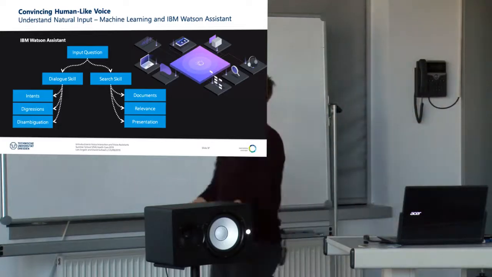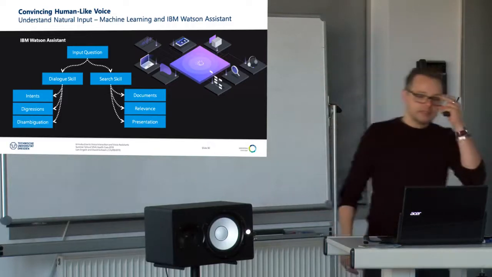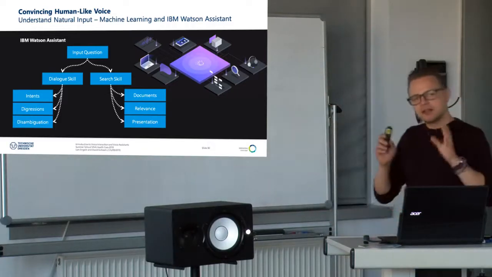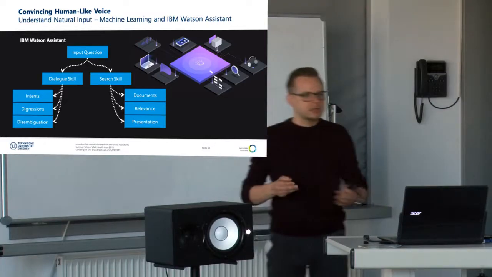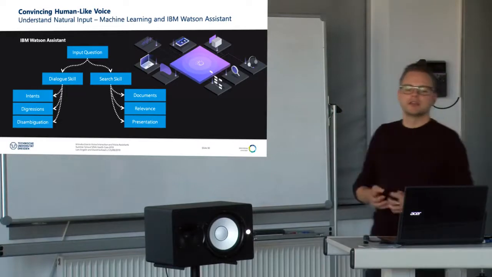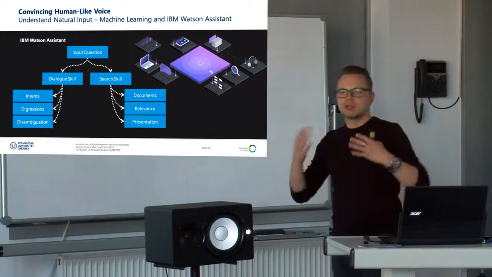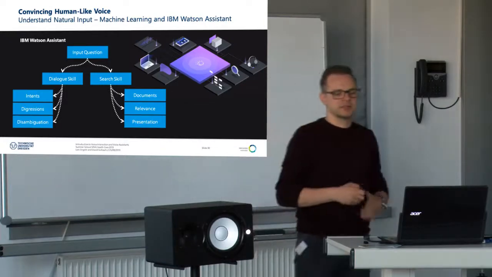And therefore, you need some advanced AI. And one system that goes at least in the right direction comes from IBM. So IBM Watson, hopefully you know that, offers a service in the area of customer service.